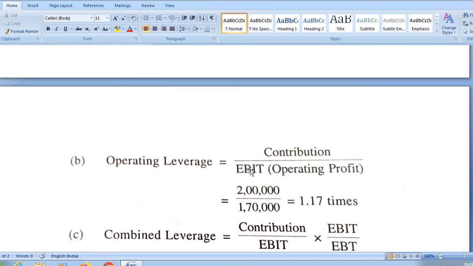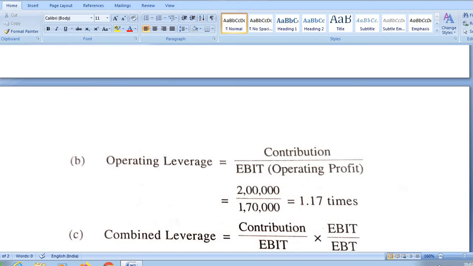Operating leverage shows the relationship between EBIT and the contribution, where fixed cost plays a very vital role. Increase or decrease in fixed cost will always have a huge impact on the outcome of the operating leverage, where the contribution is 2 lakh and EBIT is 1,70,000, which is 1.17 times.